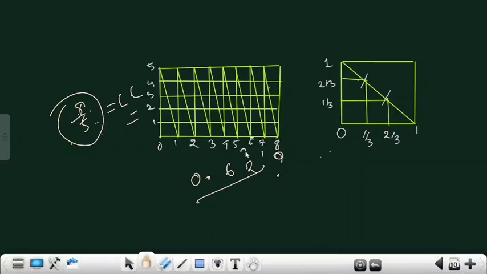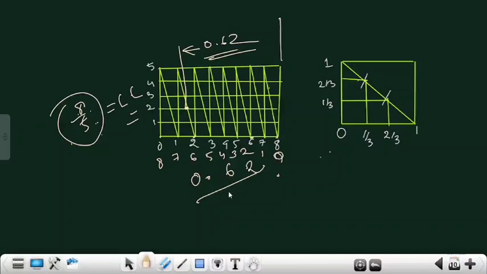This is 0, 1, 2, 3, 4, 5, 6, 7, 8. From this point we have to measure 0.62, that means 0.6 and this is 2. This line is 0.62.